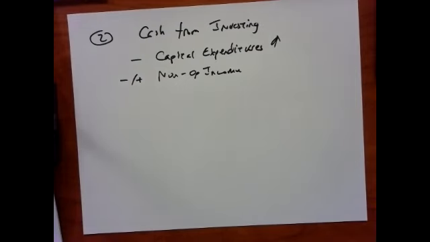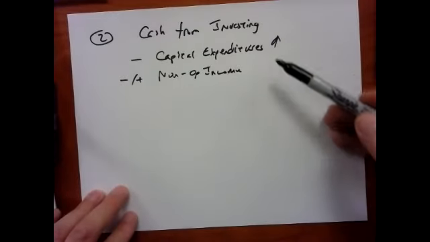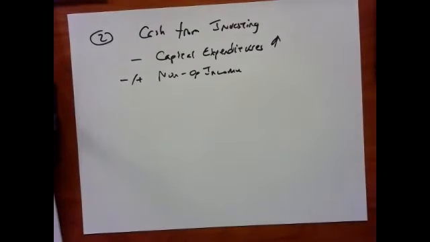So if you had a non-operating gain, because you sold a piece of land for a gain, that would be a change in investment. It would decrease the amount of PPE that you would have.